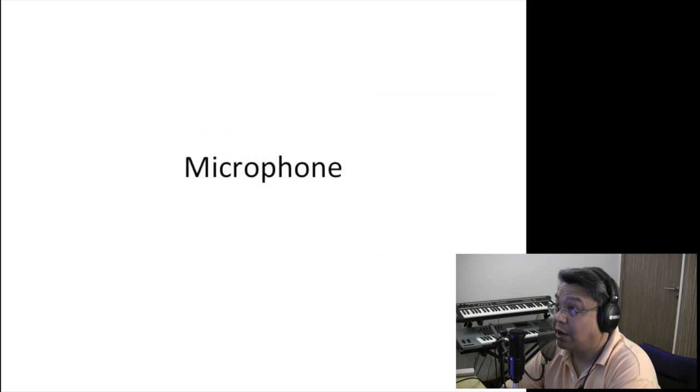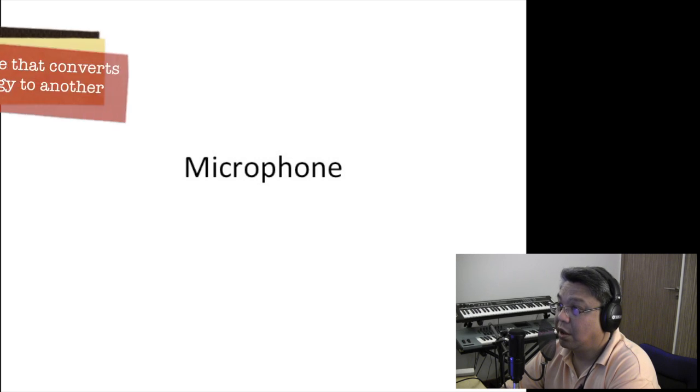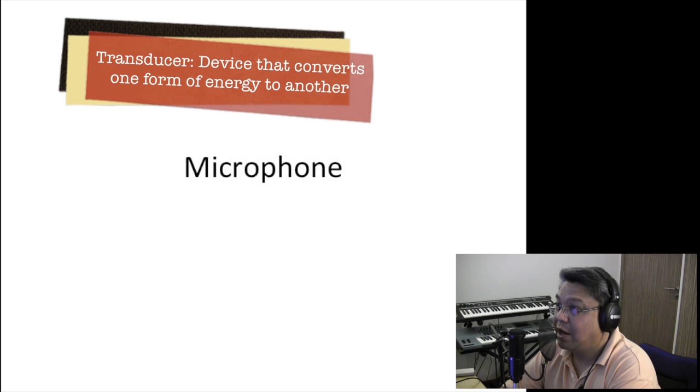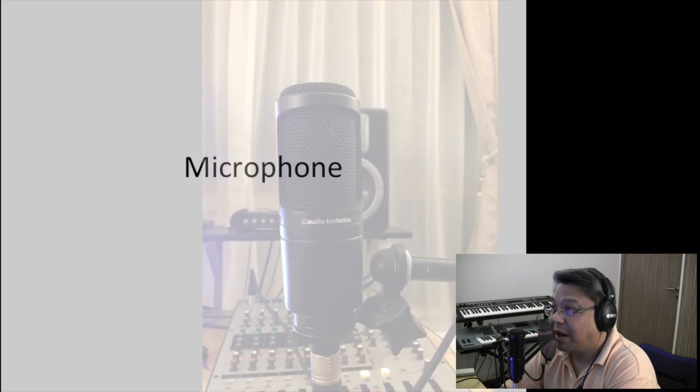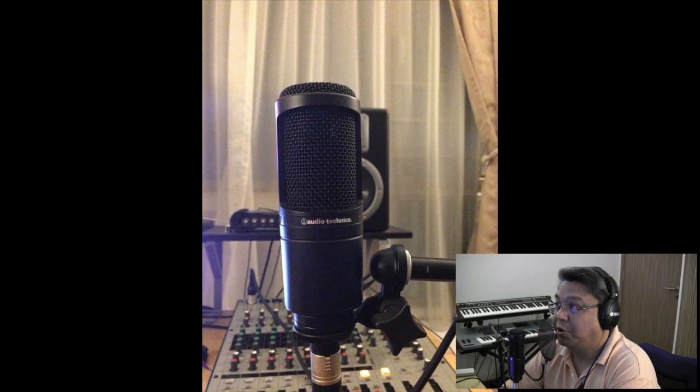The microphone is what's called an input transducer. In the case of the microphone, it converts sound energy, which is actually air pressure variations, into electrical signals. The microphone in our example is an Audio-Technica AT2020, which is a cardioid condenser microphone, connected to the mixer via XLR cable.